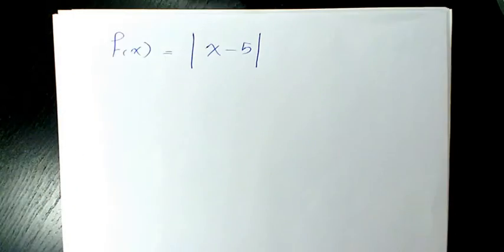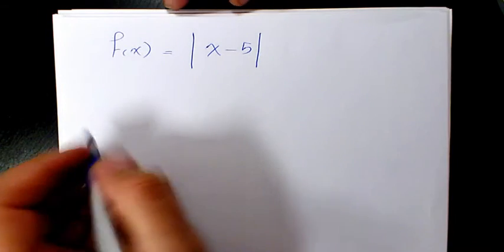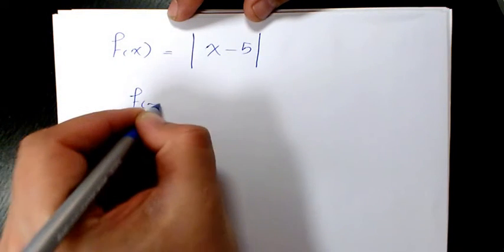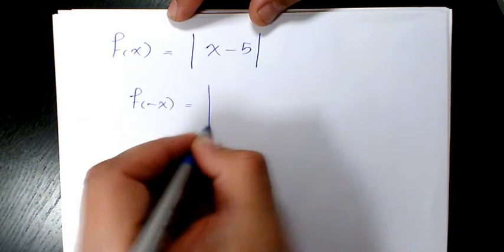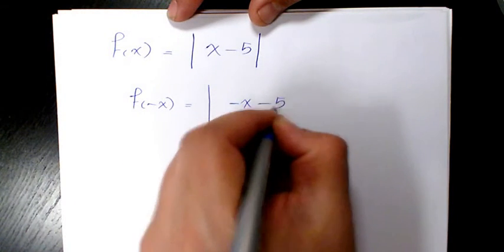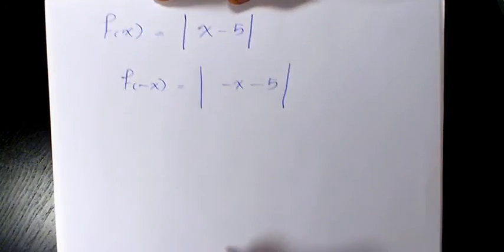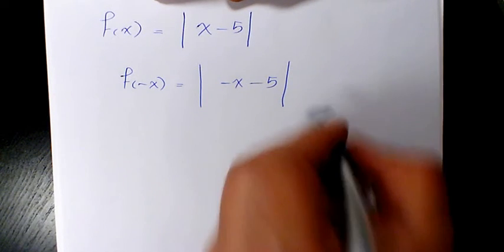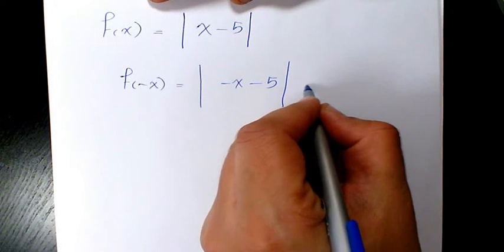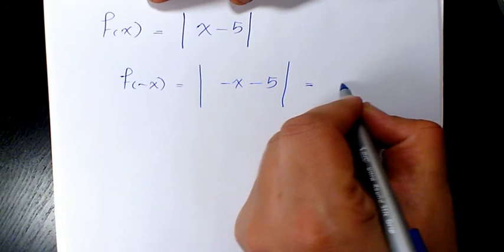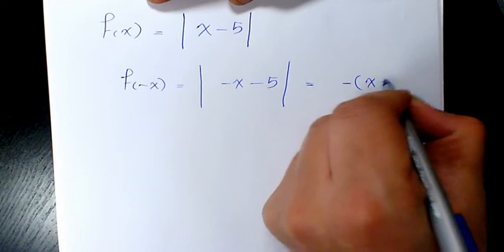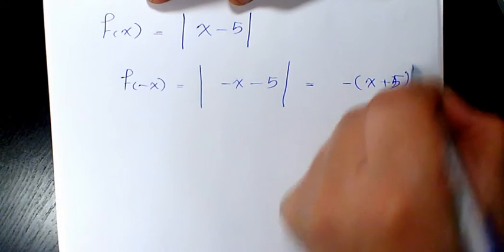Next one is f of x equals the absolute value of x minus 5. So we need to find out f of negative x first. So it's going to be the absolute value of negative x minus 5, which is going to be the absolute value of negative x plus 5.